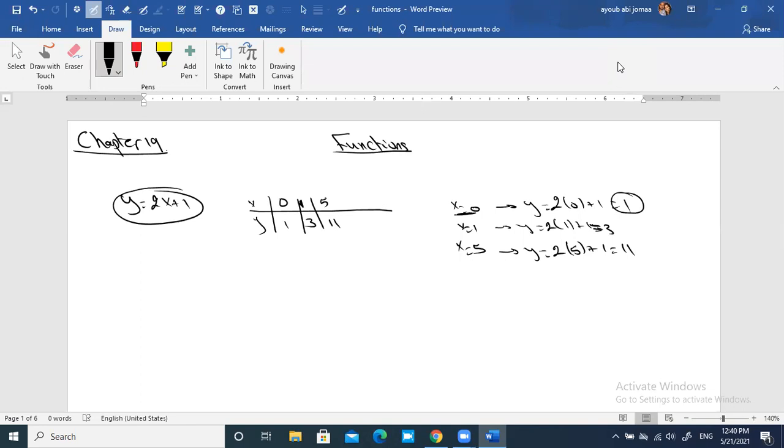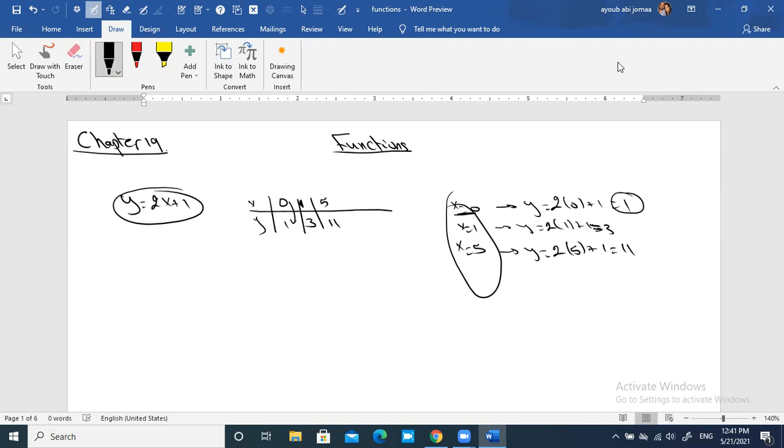Here we have a function, which is a rule that assigns to each element, for each one element it has one output, or it is related to one output. 0 is related to 1.